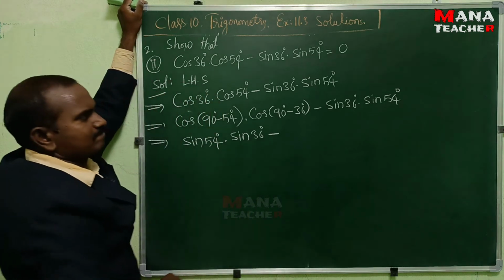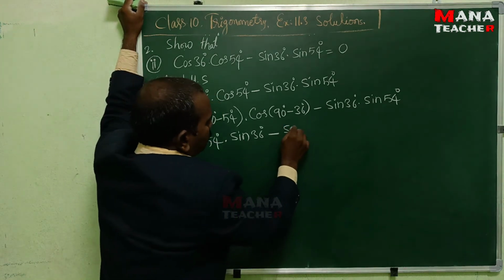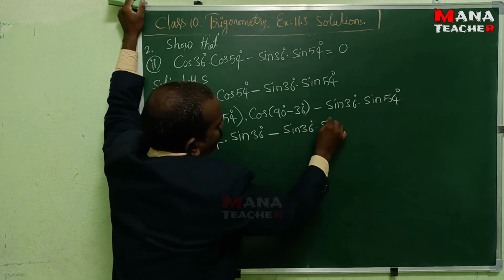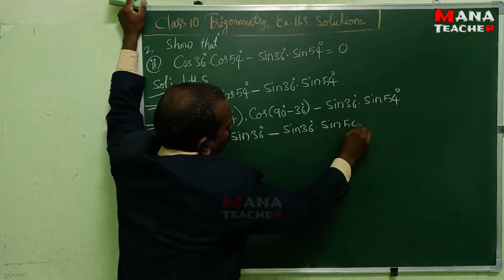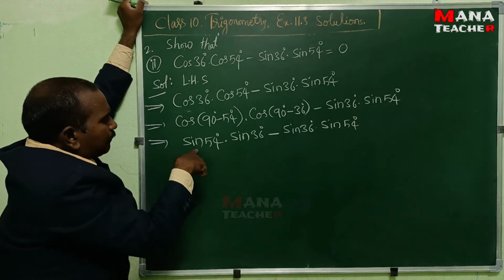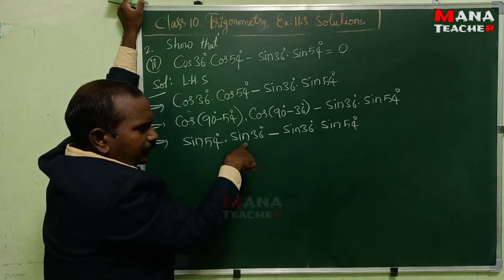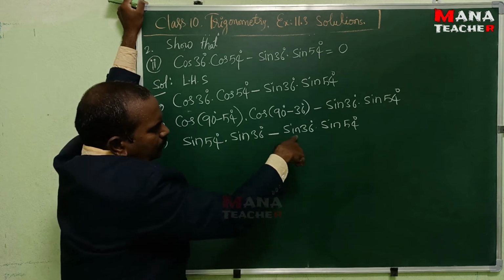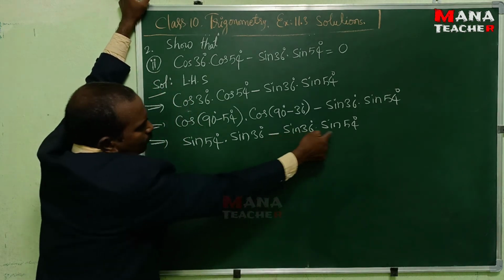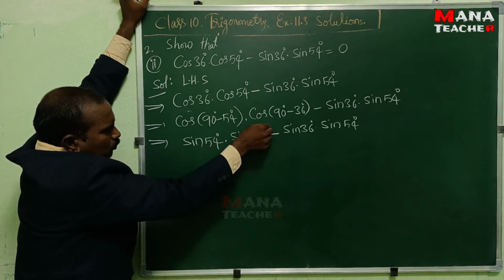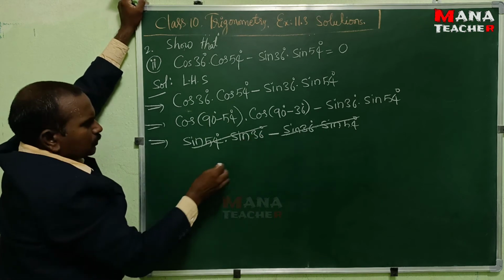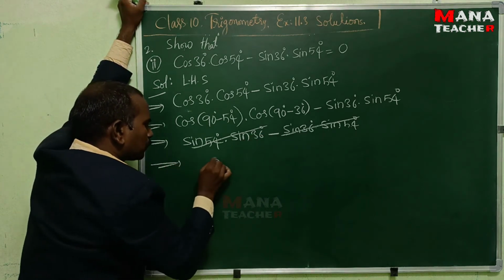Minus sin 36 degree and sin 54 degree: here sin 54 sin 36 minus sin 36 sin 54. Here negative, here positive. Total terms will be cancelled. Negative and positive, that will be 0.